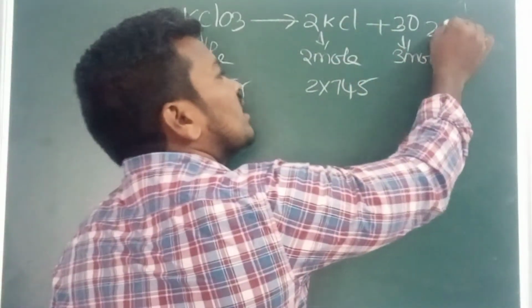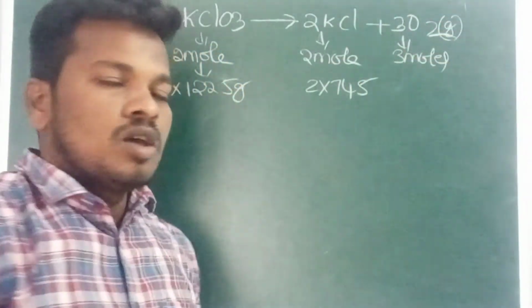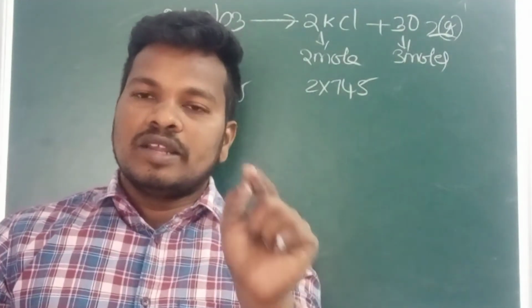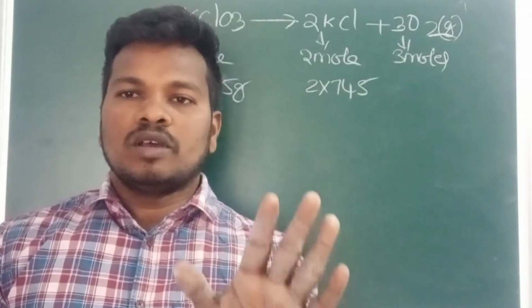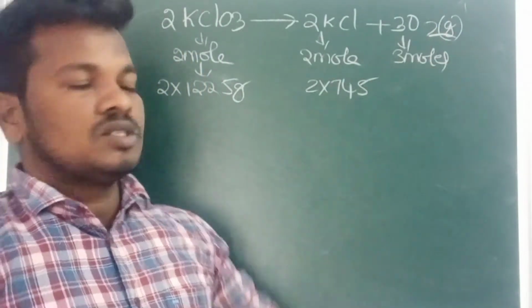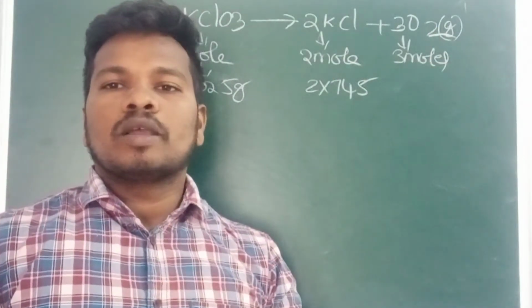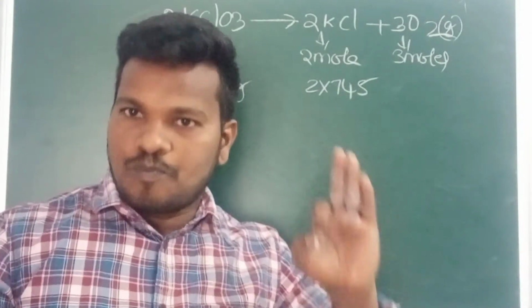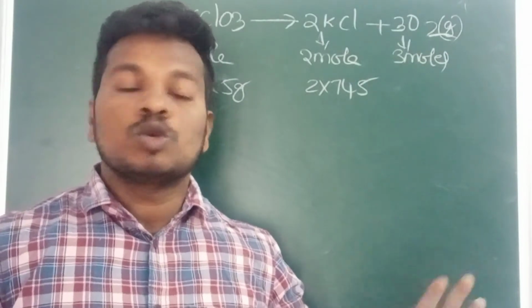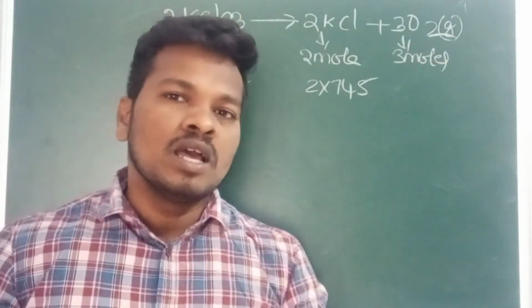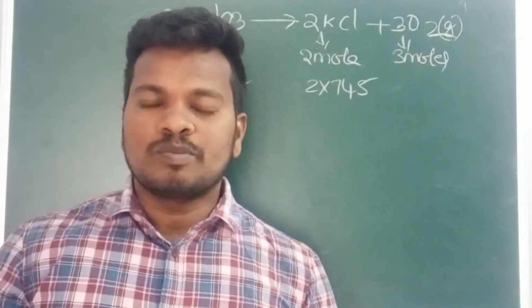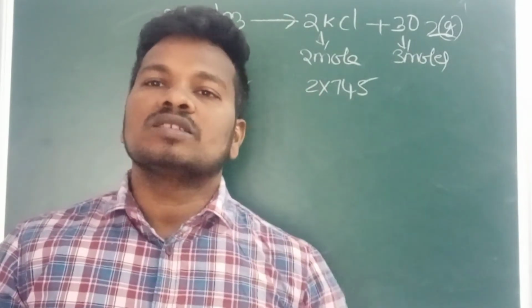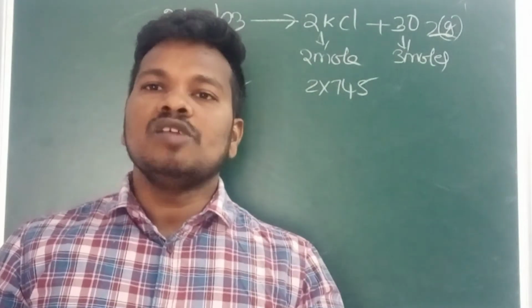But whenever the reaction involves a gas and they are asking to find out the volume, they are talking about the oxygen gas. At STP, we should not take the mass here. Why? Because we are not doing the mass analysis, we are doing the mass-volume analysis.